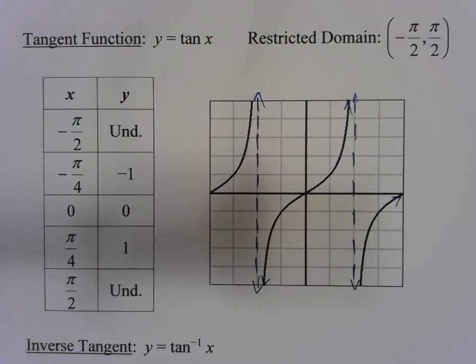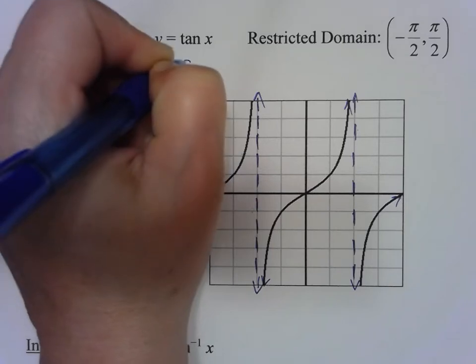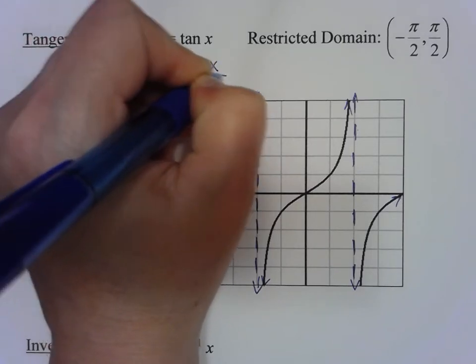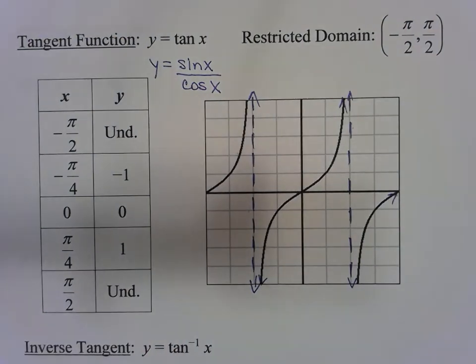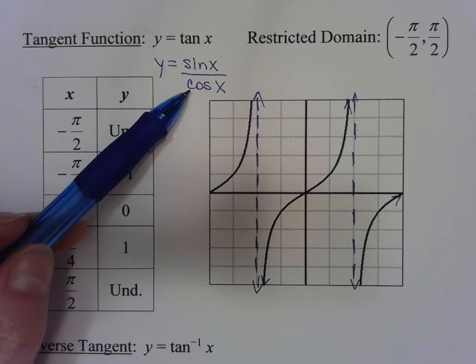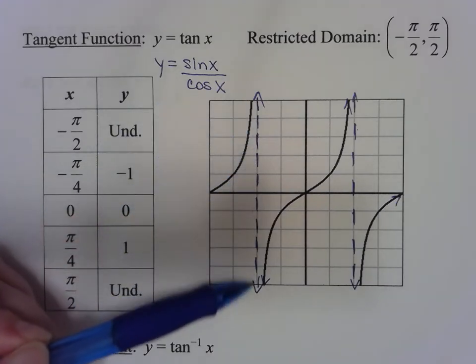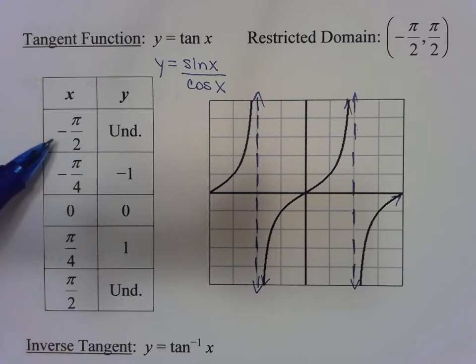Okay, so remember the tangent is the sine over the cosine. So any place where the cosine would be 0, we can't divide by 0, so we have a break in the graph where we put these asymptotes. That's where it's undefined. So there's going to be at negative pi over 2 and pi over 2.